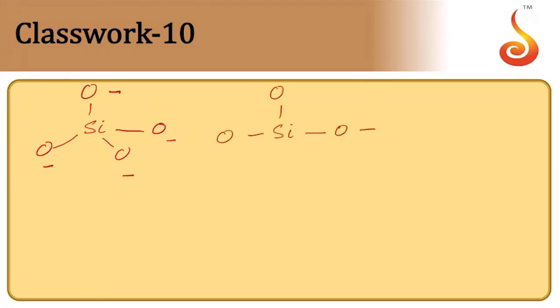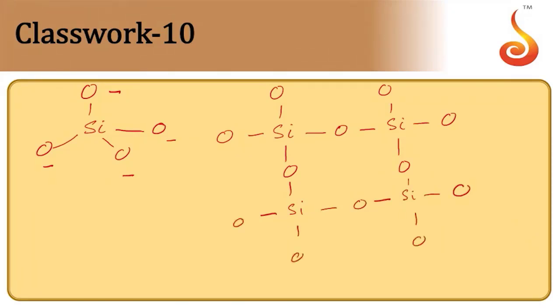Again, each oxygen atom is surrounded by 2 silicon atoms. It goes on in this way. So each oxygen is surrounded by 2 silicon units, each silicon surrounded by 4 units of oxygen. Therefore the answer is 1, 3.